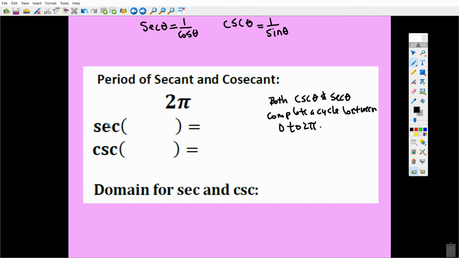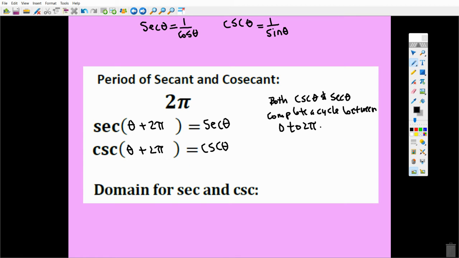If we were to take secant theta and add multiples of 2 pi to that, we're going to see secant theta repeating itself over and over again. And the same is true for cosecant theta. If I add multiples of 2 pi to that graph, you're going to see cosecant theta repeat itself over and over again every 2 pi radians.